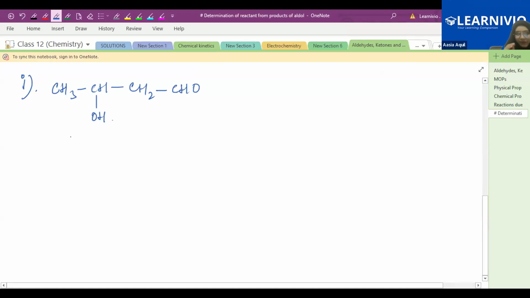What will be the reactant for this beta hydroxy aldehyde? Second question is this is your CH3, CH3, COH, sorry, here OH, CH2, CO, CH3. Okay, quickly do this.